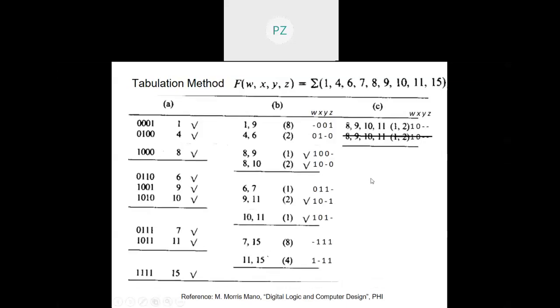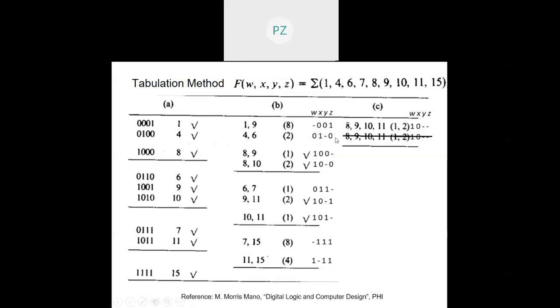For your convenience, I have written down the terms that are eliminated, because this alone may not be helping you too much, but what sense it makes, I've already explained. So when I'm combining 1 9, it should be dash 0 0 1. 4 6, when I'm combining, it should give me 0 1 dash 0.